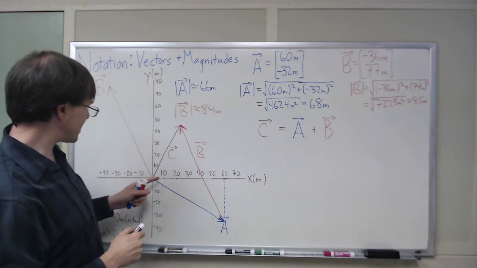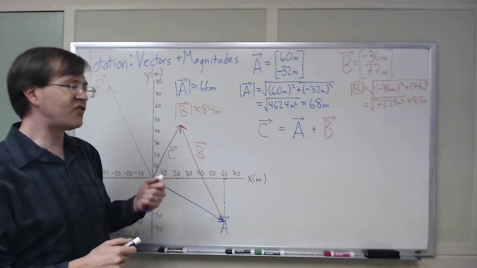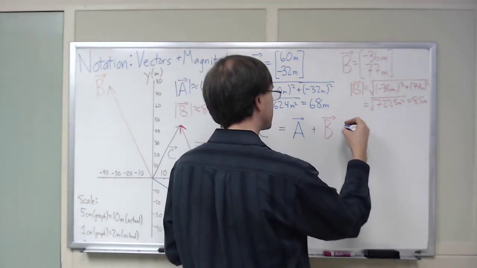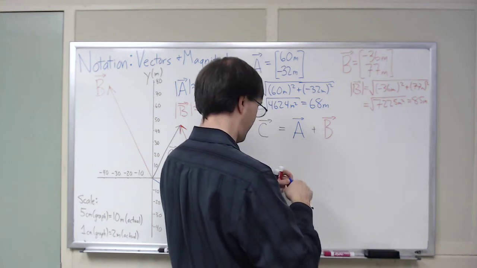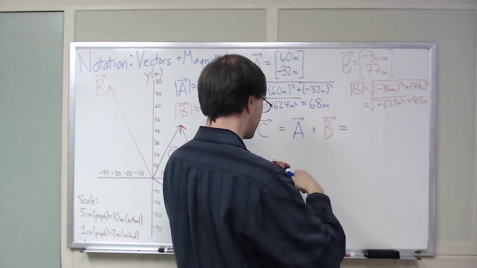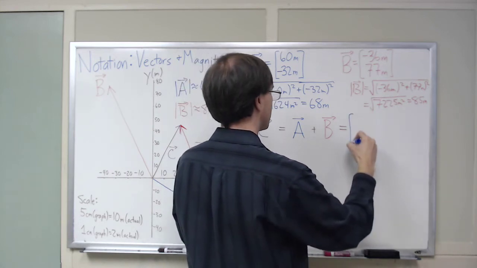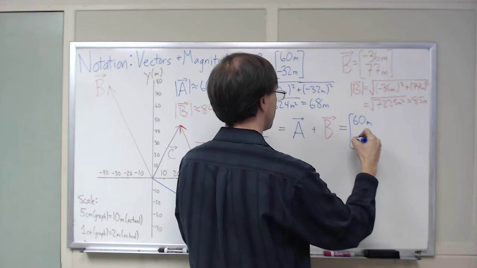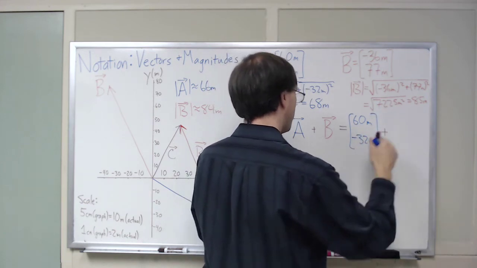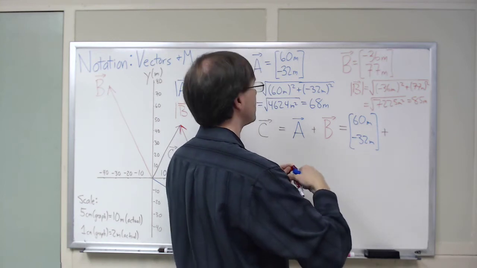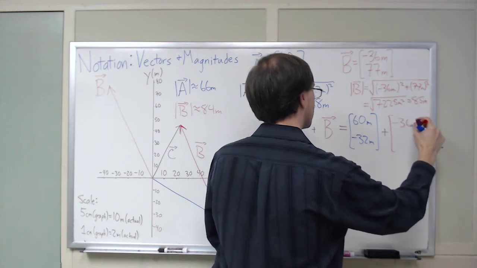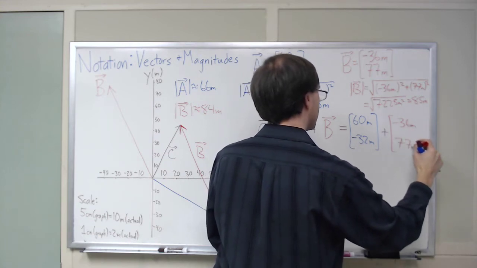You can see vector C is going over here somewhere. I can figure out its components just by directly doing things here. My components of A, so what do I have here? C is equal to my components of vector A, in other words, 60 meters and minus 32 meters, plus my components of vector B, namely negative 36 meters and 77 meters.